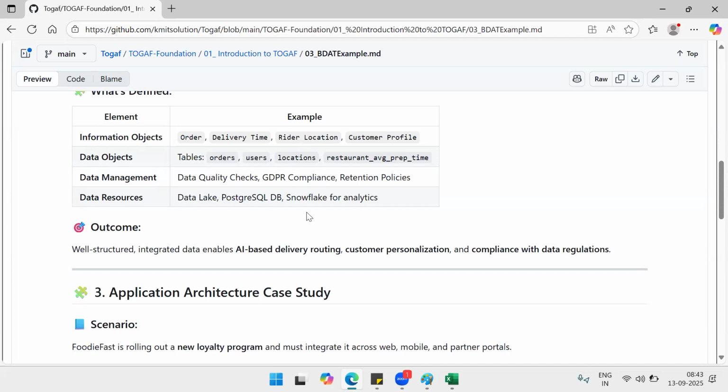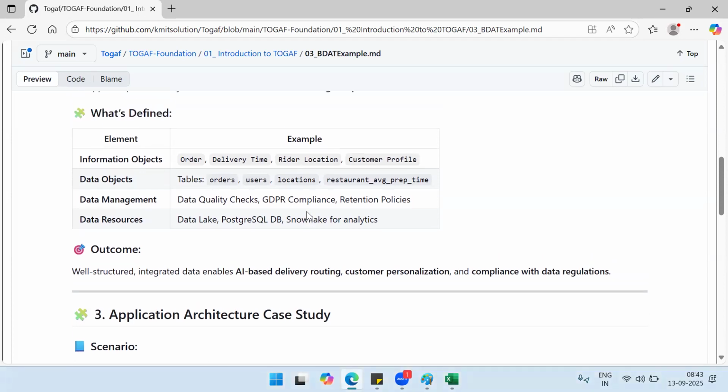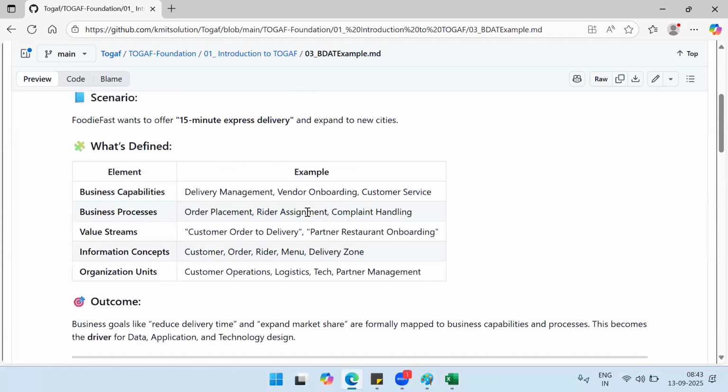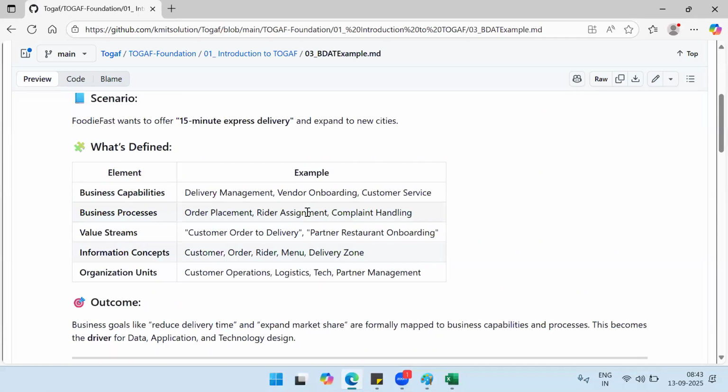Yeah, Raman, I have a question. During the business architecture phase, you mentioned value streams, right? Is value stream analysis only done during business architecture development?